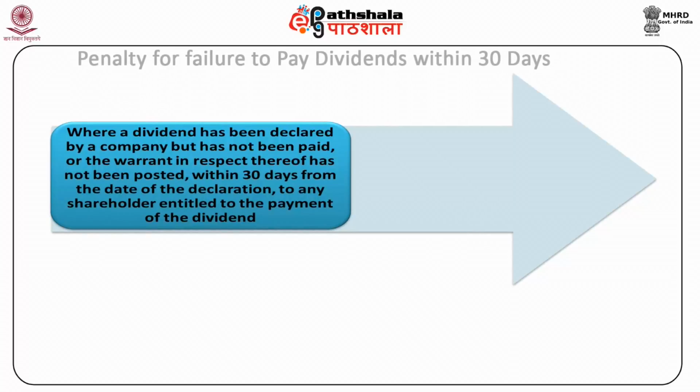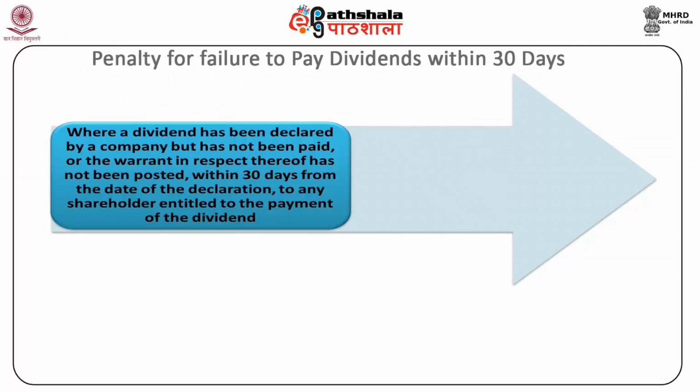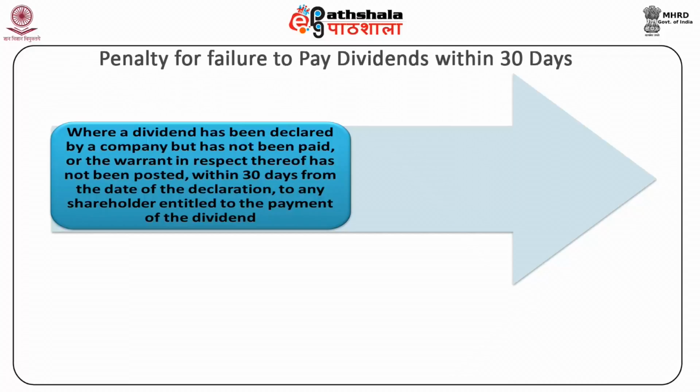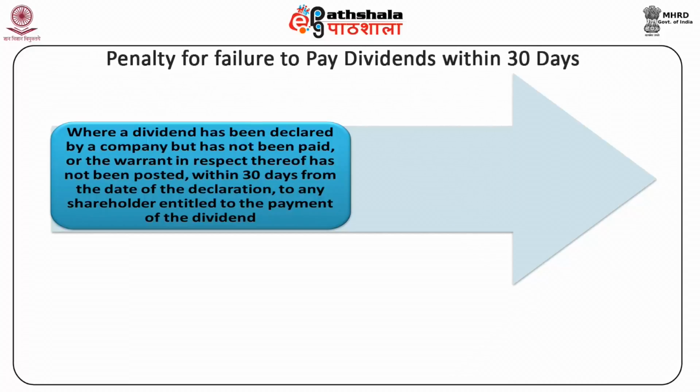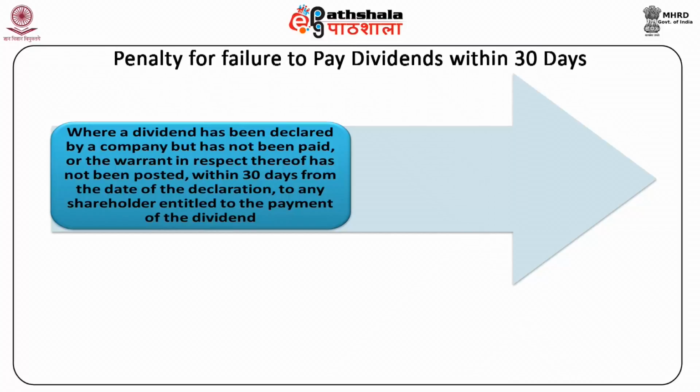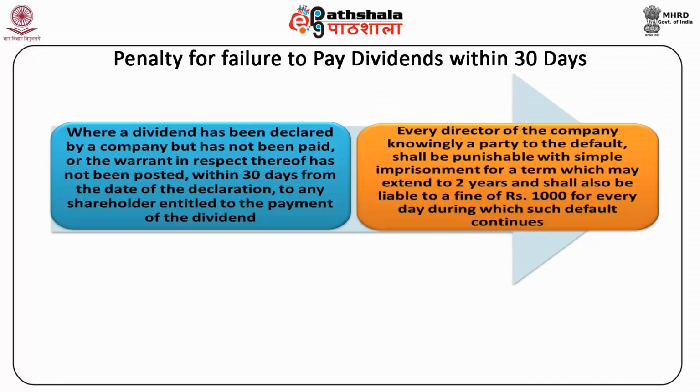Where a dividend has been declared by a company but has not been paid, or the warrant in respect thereof has not been posted within 30 days from the date of the declaration, to any shareholder entitled to the payment of the dividend, every director of the company knowingly a party to the default shall be punishable with simple imprisonment for a term which may extend to 2 years, and shall also be liable to a fine of ₹1,000 for every day during which such default continues.